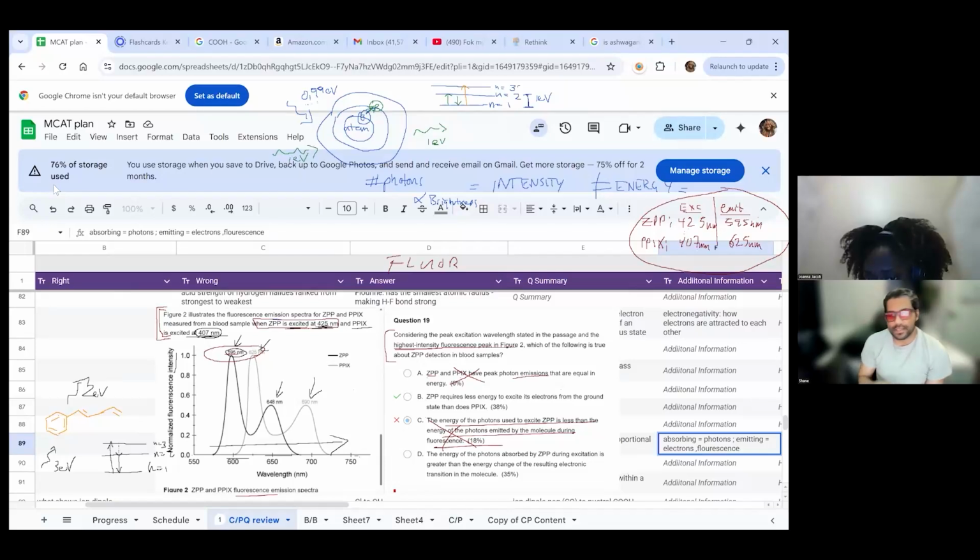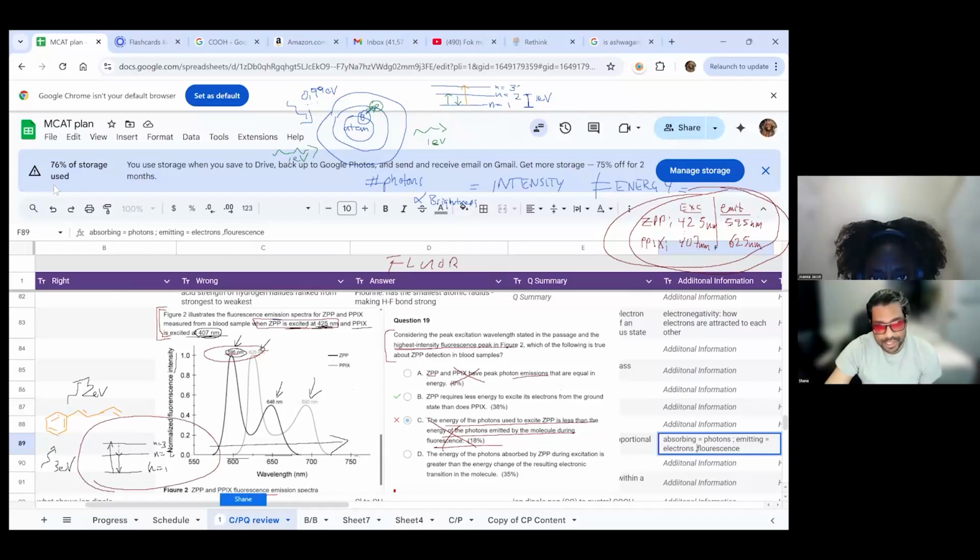So what I was focusing on here was the difference between excitation and emission. But the stuff that I drew, this and this, that's the transition. Correct.